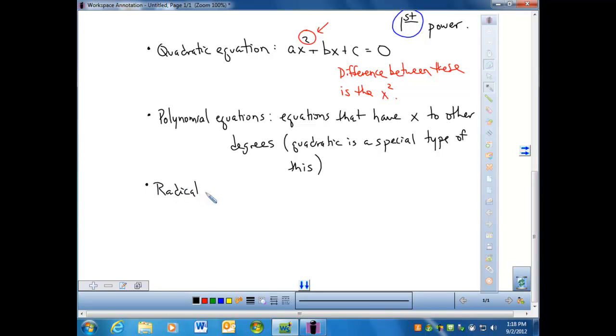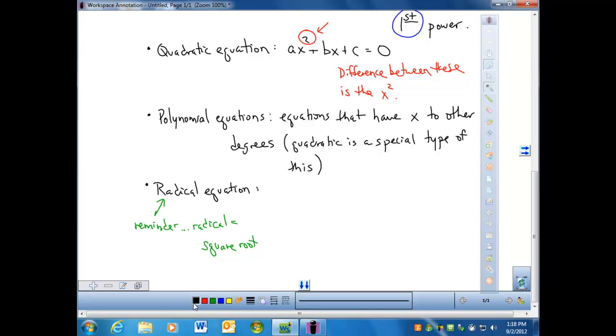Next one is a radical equation. You shouldn't have to try hard to figure out that a radical equation is going to have a radical in it. Probably what's more important is that you remember that a radical means the square root. You'll hear me use that term often through this class. The word radical.